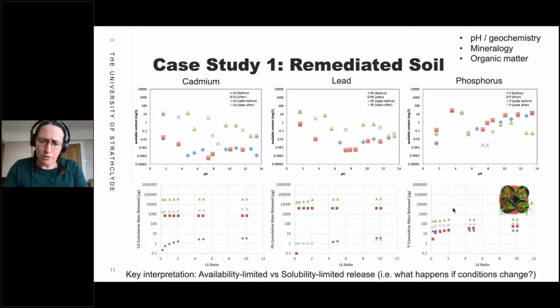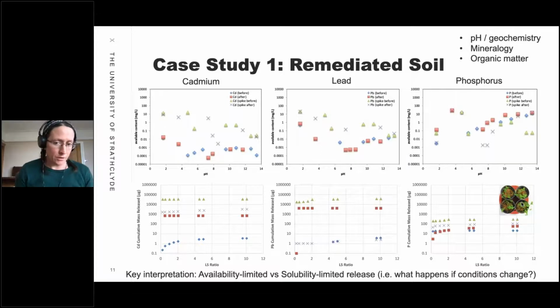But when we look at the leaching and we look at what grows in the soil, we have changed our phosphorus from something that is very soluble, so it releases into solution pretty quickly, and then disappears. So there's not a lot there to support life.